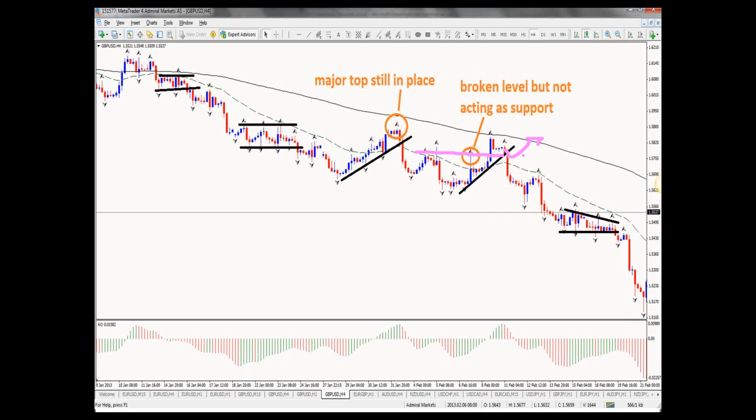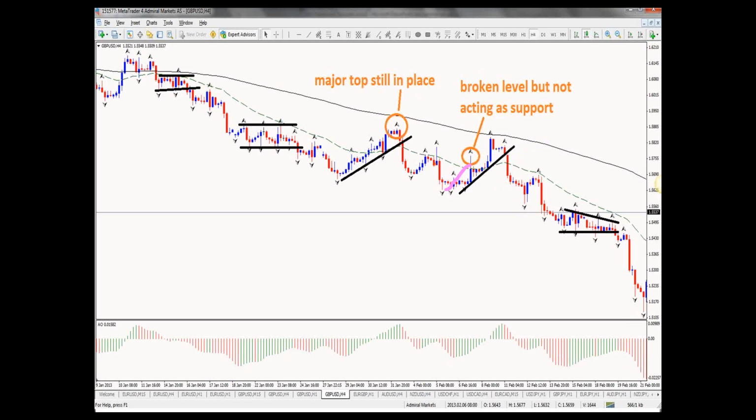You can see in this example that it isn't. And in my opinion, this was the major high. So that's something you should also be aware of, that there are different levels that have different importance. Not necessarily each top or each high is created equal or has the same importance.